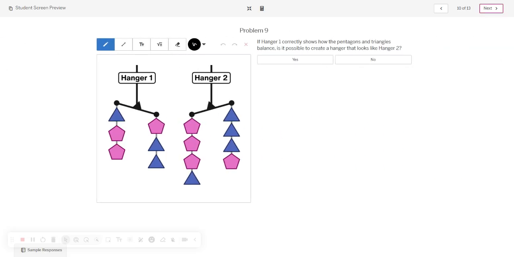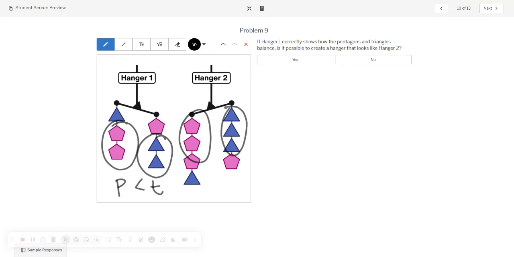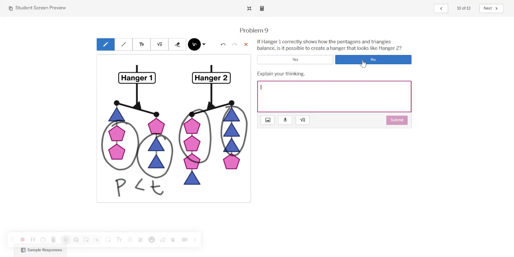These are going pretty quick. So in this first image, I look at this and I see that triangles weigh more than pentagons. So the triangle has to be heavier than a pentagon because it's further down. But over here, they've got that pentagons are heavier than triangles. And so that can't be true.